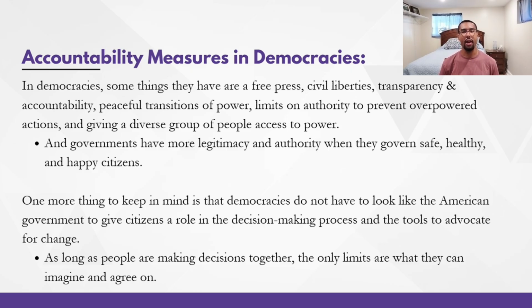Again, this goes back to how a specific country with a democracy functions and the challenges it faces. But these measures help make a safer, healthier, happier, and more stable country, since it still allows inclusive civic participation. And governments have more legitimacy and authority when they govern safe, healthy, and happy citizens.